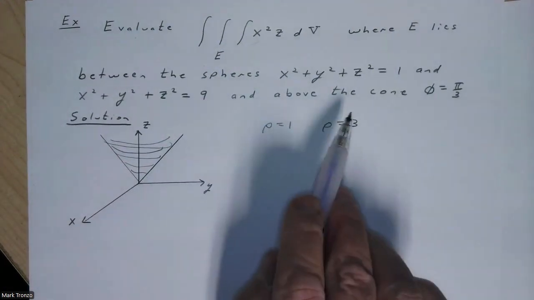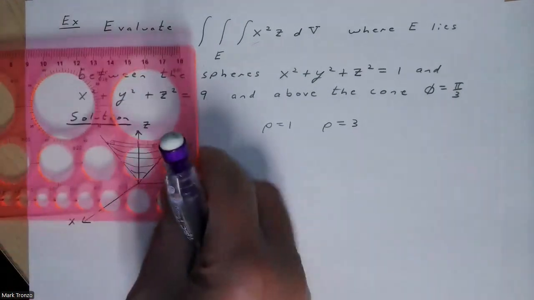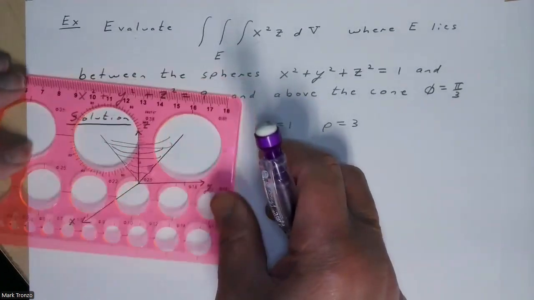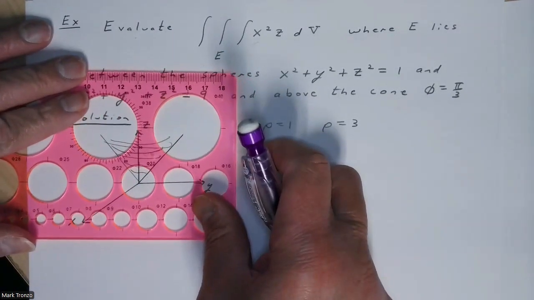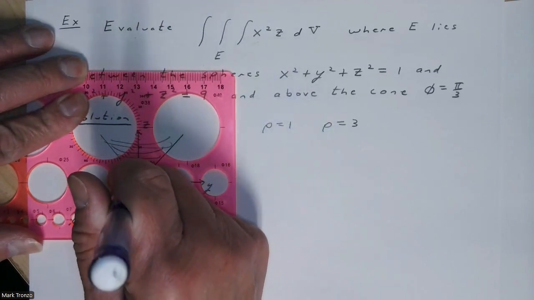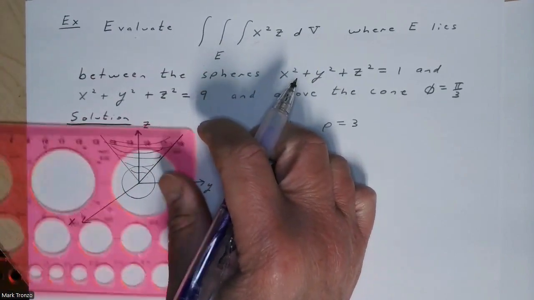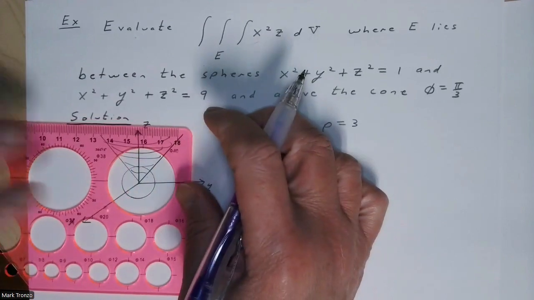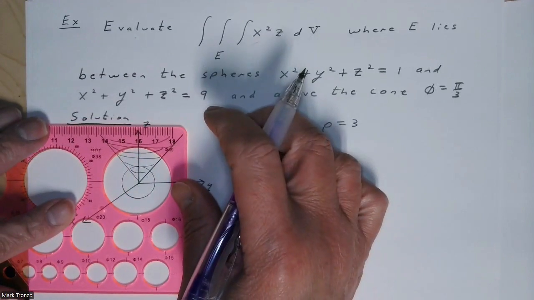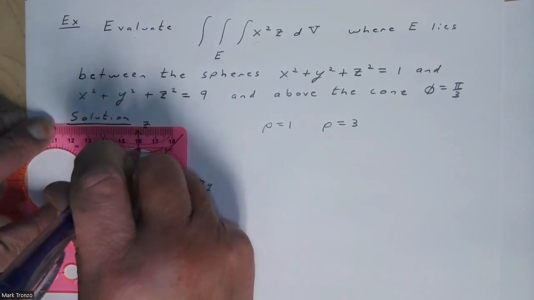And then we're going to have a sphere of radius 1 and a sphere of radius 3. I'll maybe just make a couple of general spheres, something that'll fit on the page. So we're going to have a sphere like this, and a sphere much bigger like this.